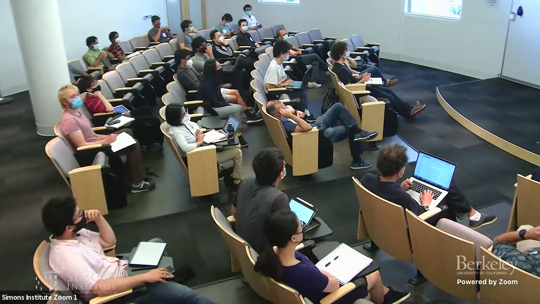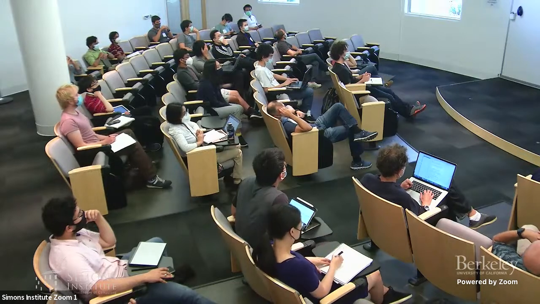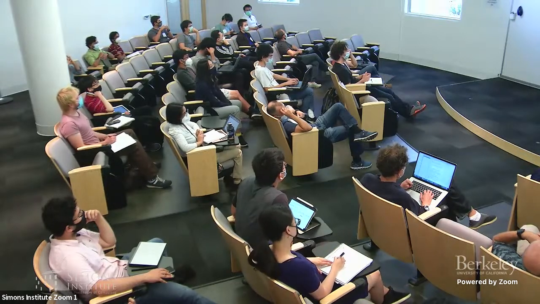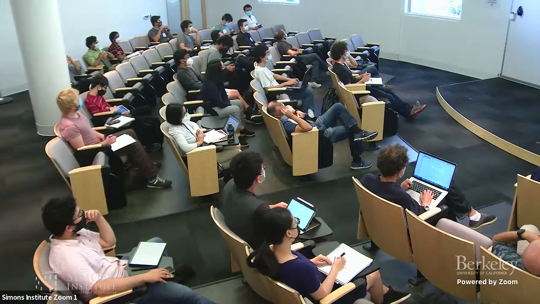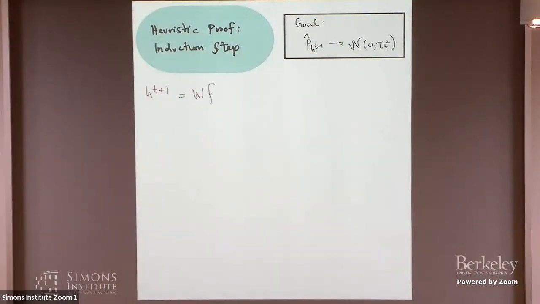Okay, so let's look at the induction step. What do we have in the induction step? We're looking at H_{t+1} equals, again, our matrix multiplied by F_t acting on H_t, minus our scalar value determined by the derivatives and the lag term. So what are we going to do?